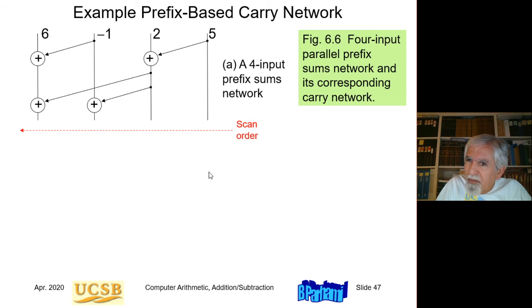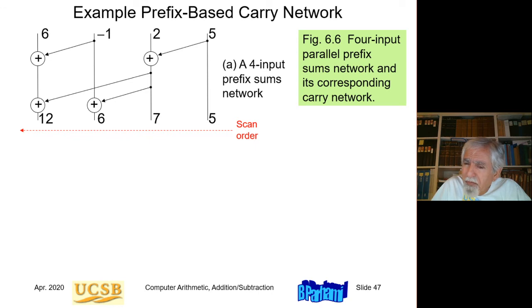This corresponds more directly to addition because bits are usually shown from right to left: least significant bit, then the next least significant bit, and so on. So what I want this circuit to compute are 5, 7, which is 5 plus 2, 6, which is 5 plus 2 minus 1, and 12, which is 5 plus 2 minus 1 plus 6. And this circuit of adders does this for me.